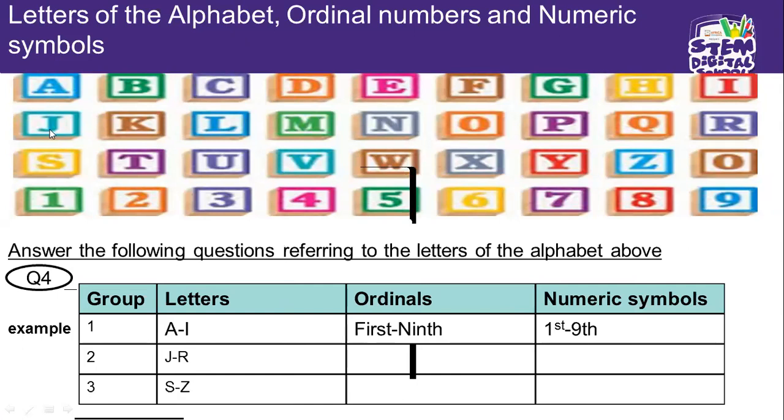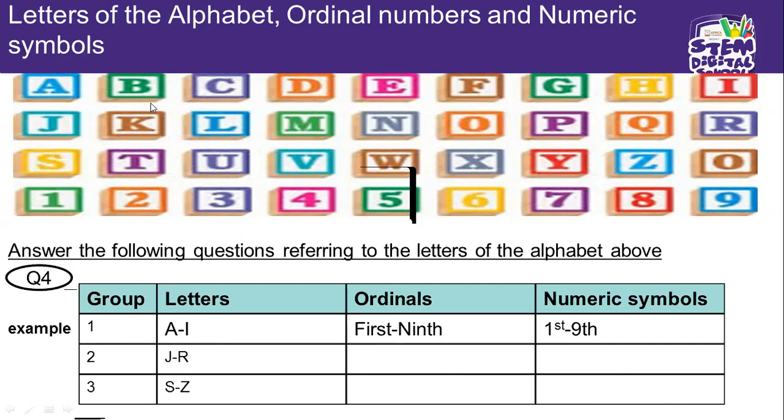So it means J is number 10. So it's 10, 11, 12, 13, 14, 15, 16, 17, 18. Let's start with the easy one. We started there with 10, so it means that it is the 10th. And then 10 up to what? We said it's 10 up to what?